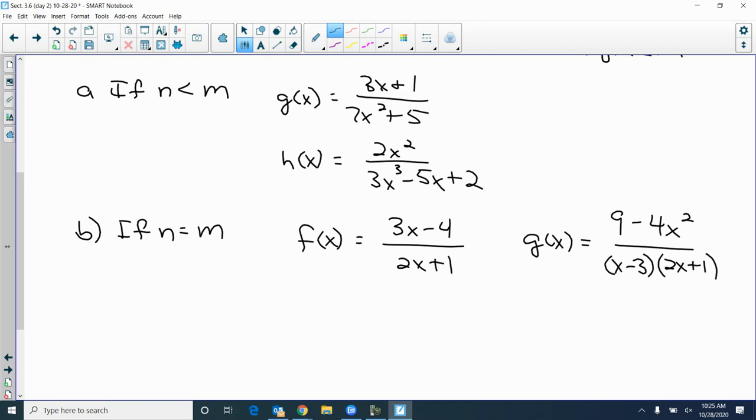All right, it says if the degrees are equal, then you get this little statement. The line y equals a sub n over b sub n is a horizontal asymptote. Make sure you know how to interpret that.